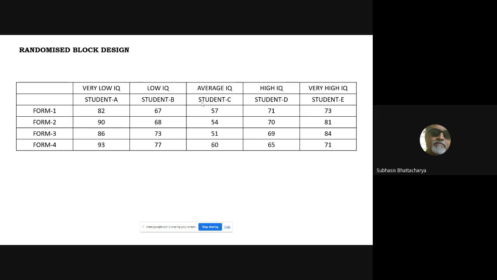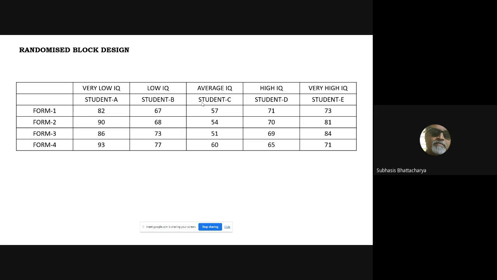Suppose in this example, 4 different forms of a standard test of statistics are given to each of the 5 students. The students scored, and the scores are shown. Each student separately randomized the order in which he or she took the 4 tests, using a random number table or a similar device, and we refer to this as a randomized block design.